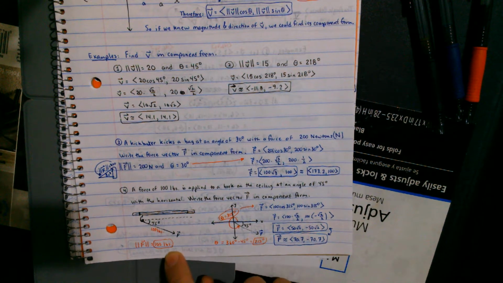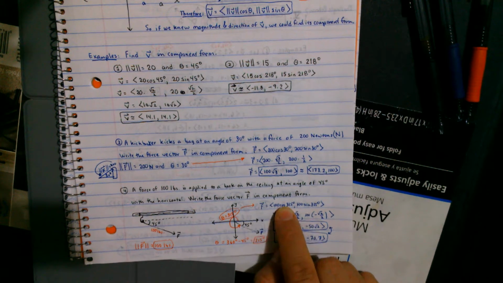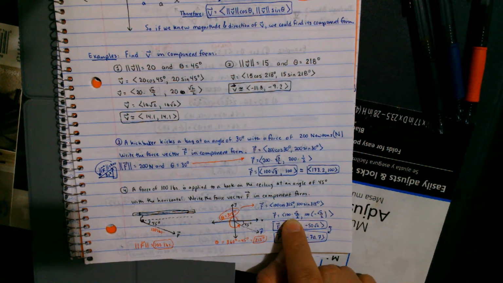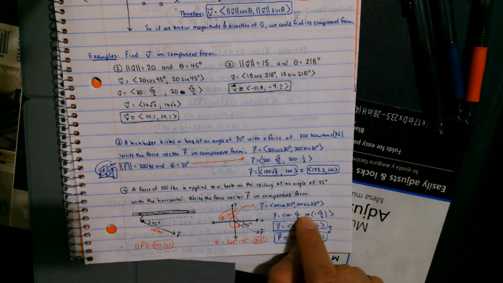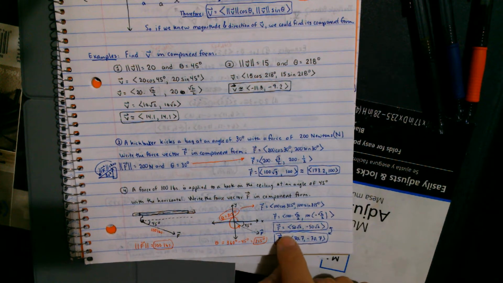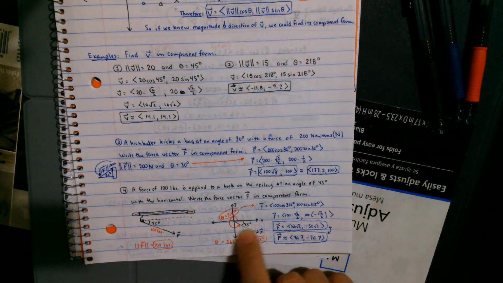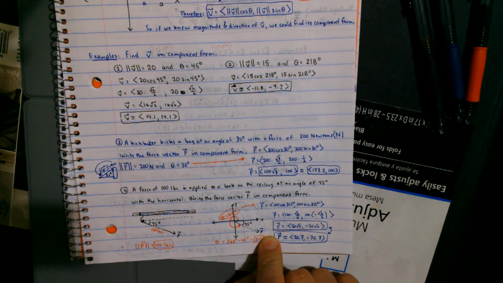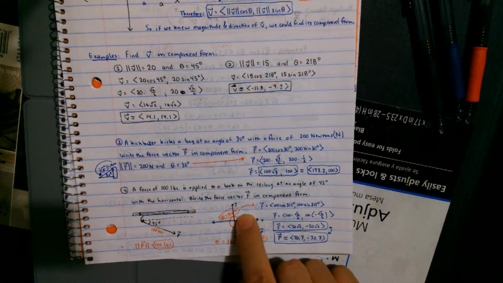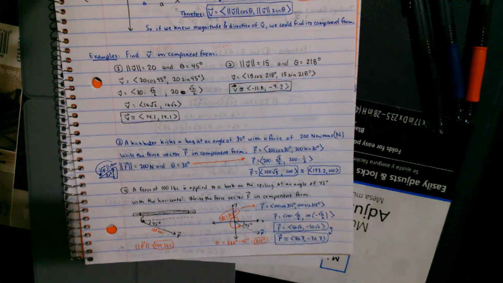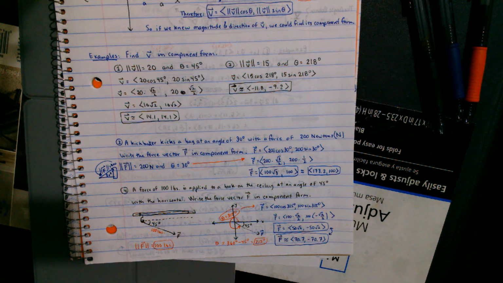So 100 cosine of 315, 100 sine of 315. Cosine of 315 is square root of 2 over 2. Sine is negative square root of 2 over 2. So that's 50 square root of 2, comma, negative 50 square root of 2, which is 70.7 to the right and negative 70.7 going down. Those are the components of the vector with that force.